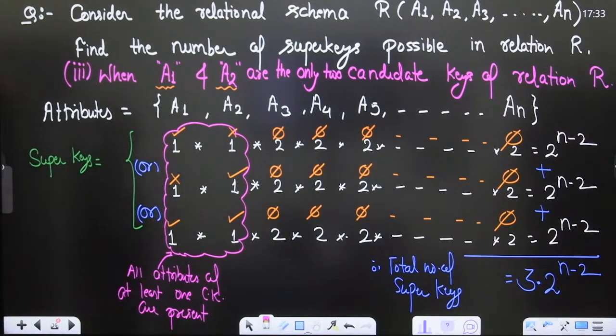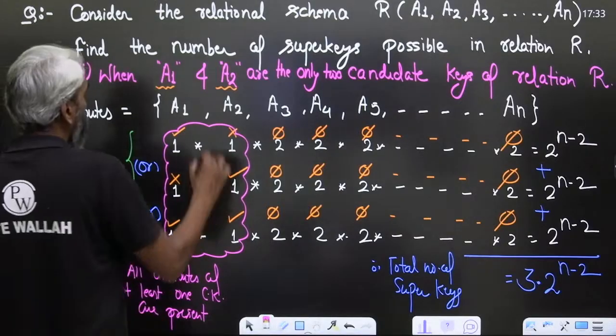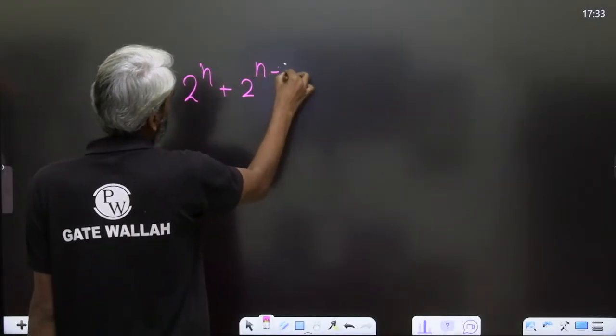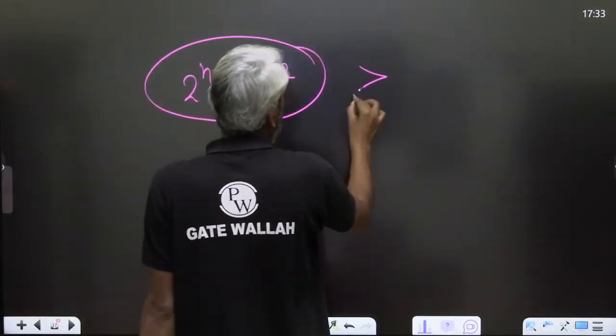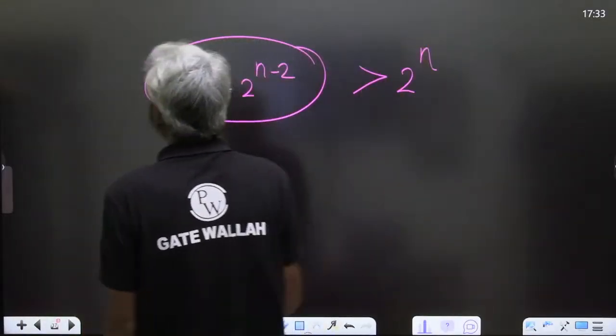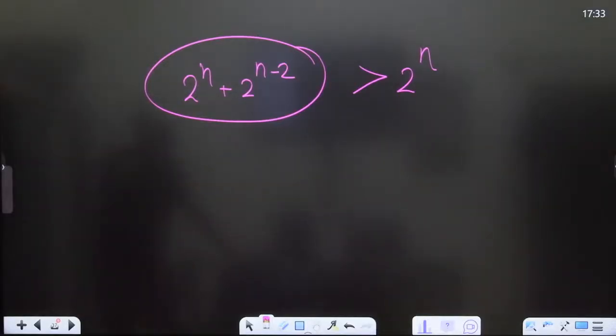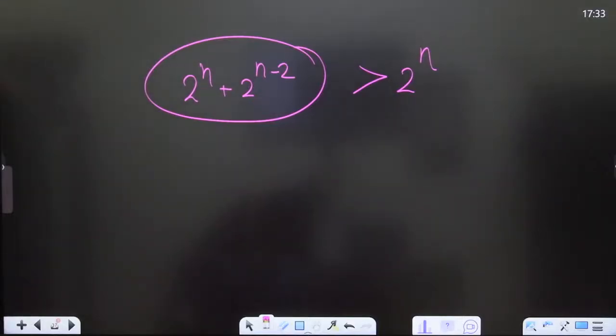Whosoever is giving the answer as 2 raised to the power n plus 2 raised power n minus 2, do you realize that this value will be greater than 2 raised power n?